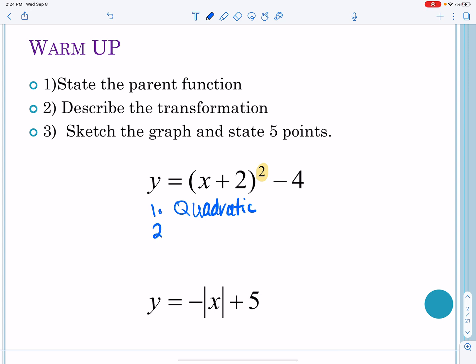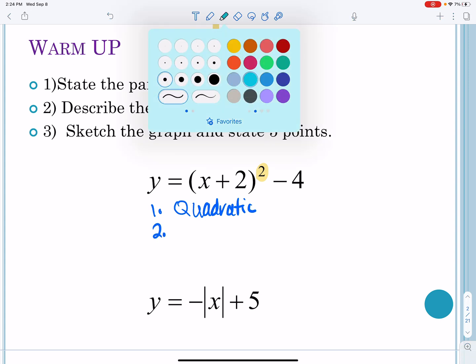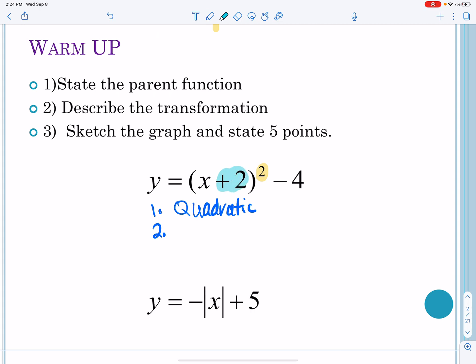Describe the transformation. So the transformation, you're going to look at what's happening to it. Well, I'm adding 2 inside, so that means that it is a horizontal translation left 2. Okay, and you have to write that complete sentence out.